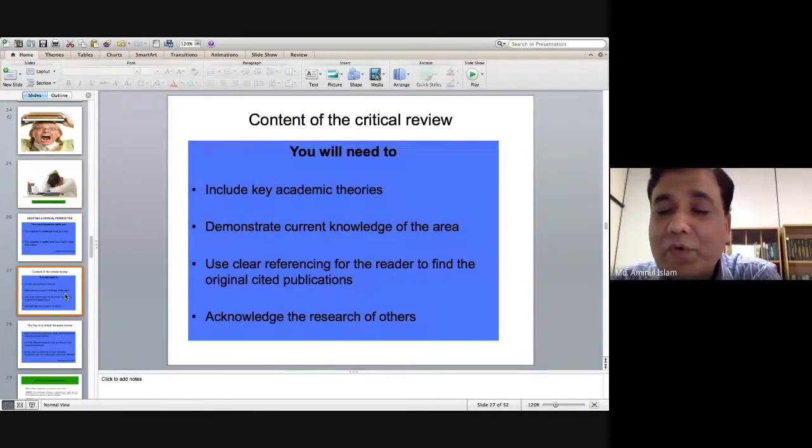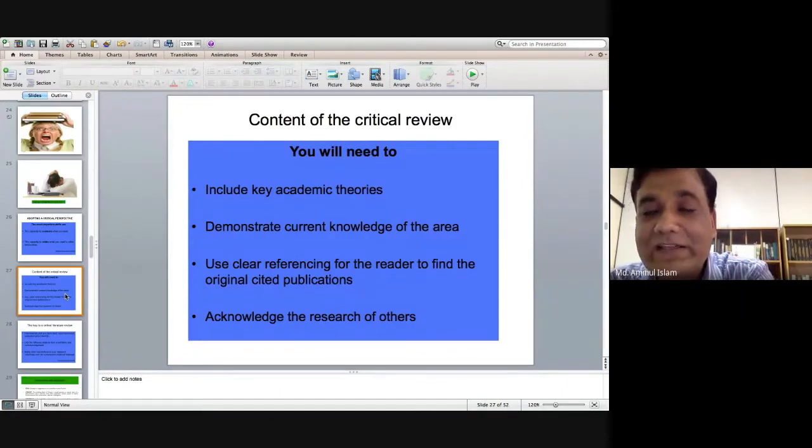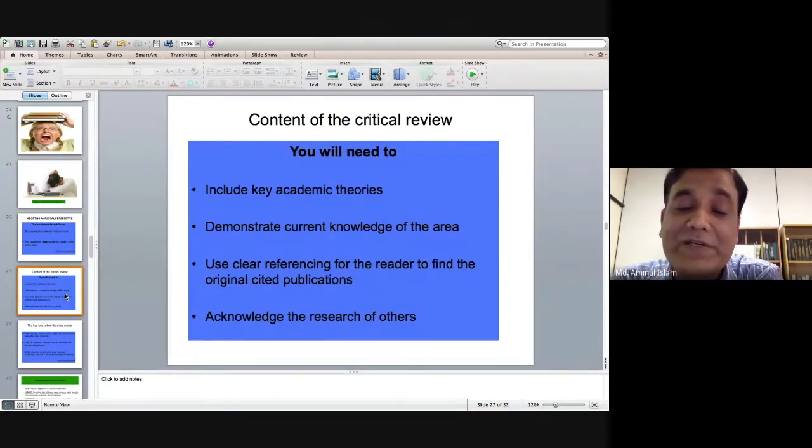And then I proved that that theory is not applicable anymore in many contexts. Like in my country, we have 2 stock exchanges, and the share price of the same company on the 2 stock exchanges at the same time is different. So the one price theory is not applicable in the context of the stock market in Bangladesh. So that's what we are looking at. You have to demonstrate current knowledge of the area when you do a critical literature review.